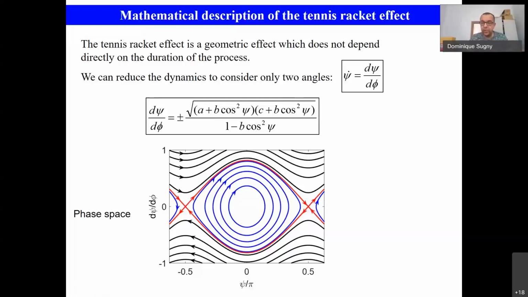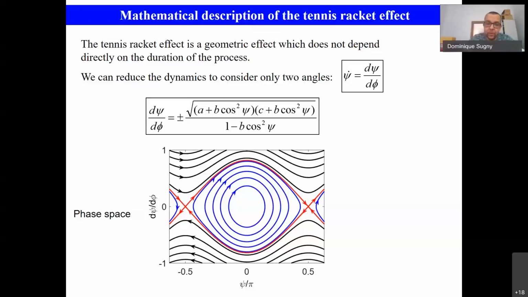Okay, and here we have something which is very simple, and we recover something very similar to the phase space of a 2-dimensional planar pendulum. Indeed, in blue we recover the oscillating trajectories. In black, we have the rotating trajectories, the same as before, and the red curves correspond to the separatrix.